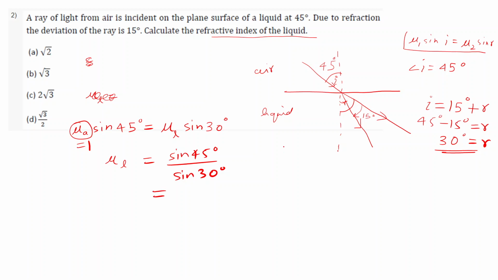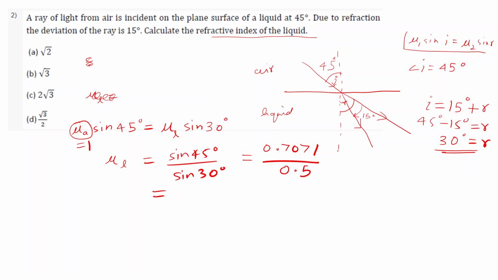So sine 45, if I see, sine 45 is how much? Sine 45 is 1 over root 2, and 1 over root 2's value will be 0.7071. Sine 30 degrees, which is half, that will be 0.5.